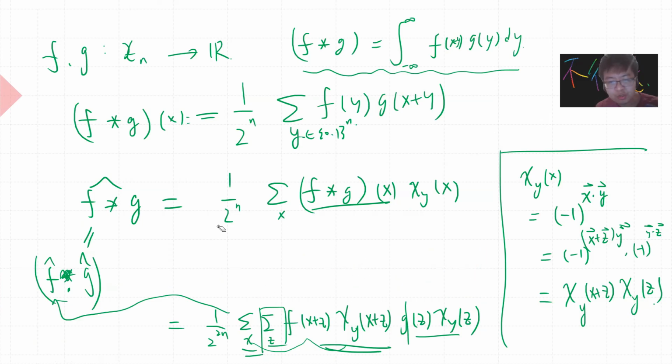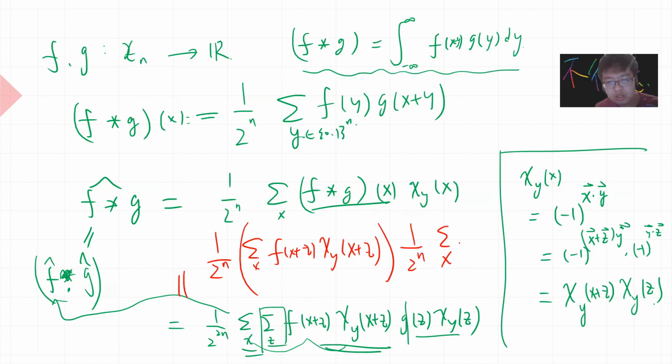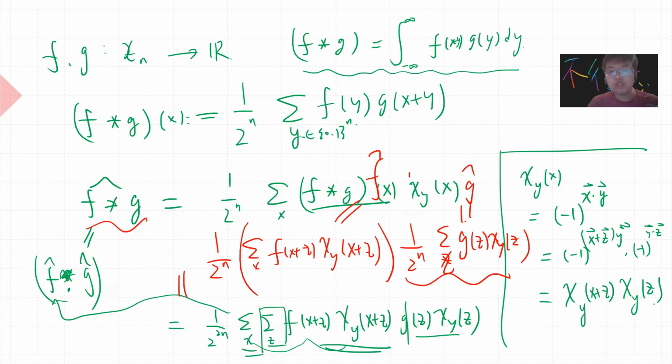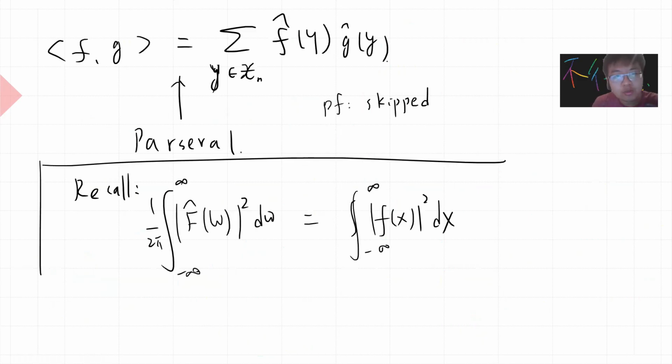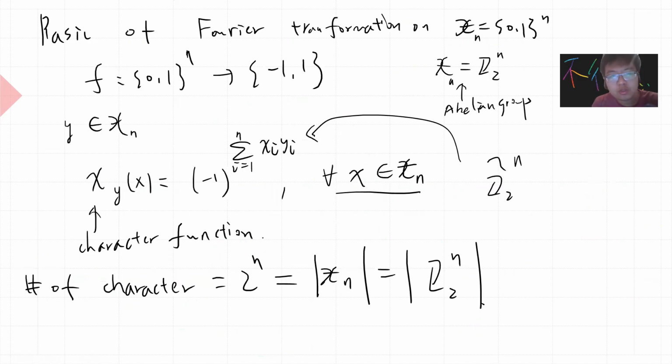Up to now it's already trivial. You can write these terms as 1 over 2^n, sum over x of f(x plus z) chi_y(x plus z), where you don't care about z, times 1 over 2^n, sum over z of g(z) chi_y(z). So this is g hat and this is f hat. You get f hat times g hat as the Fourier transformation of f convolved with g.